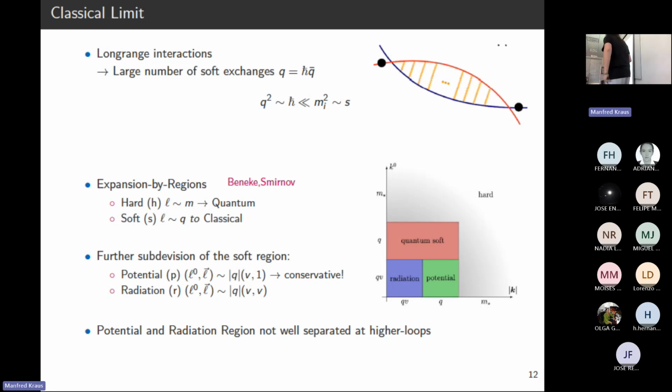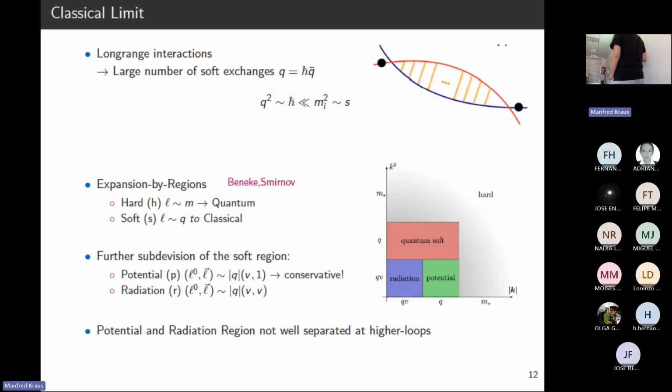Long-range interactions actually sit in a phase space where you have a lot of very soft gravitonic exchanges. Think of it: if this here is an electron, this other is an electron, and these are photons, you would essentially get back the Coulomb potential. You can get classical electrodynamics back from these kinds of techniques.